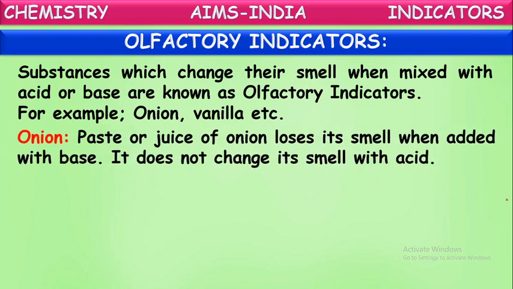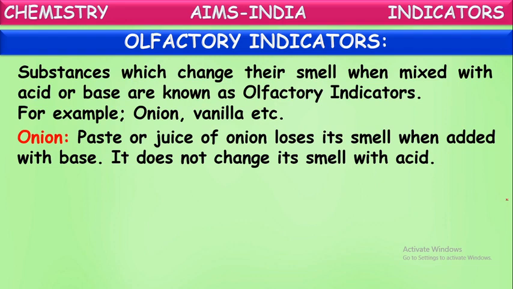Okay. If you take onion, the paste or juice of onion loses its smell when added to a base. It does not change its smell with acids. So in this way, onions show a smell change.